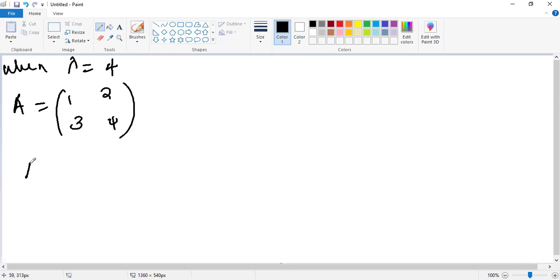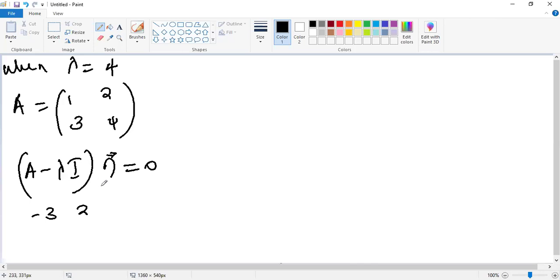And what are we evaluating? A minus lambda identity multiplied by the column vector is equal to 0. So we know how this goes. So I'll just take 1 minus 4. 1 minus 4 will give me -3. 2 minus 0 will give me 2.